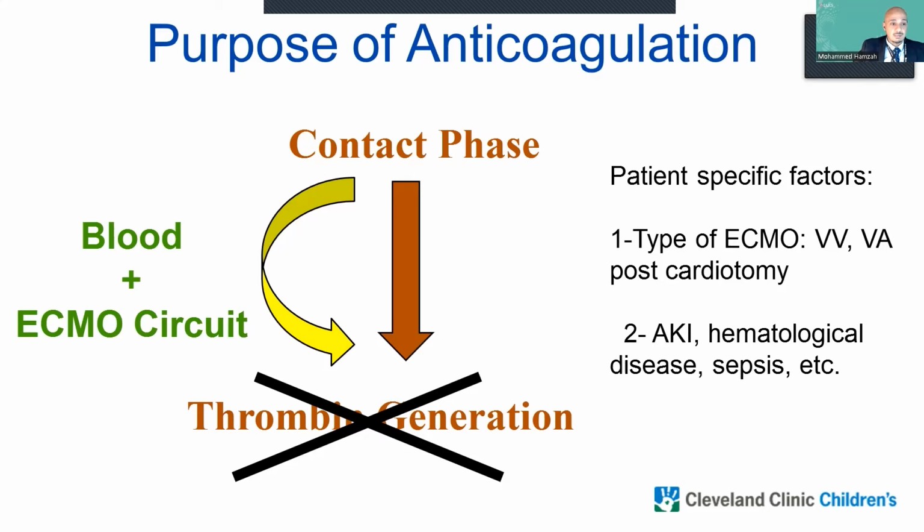As you can see, there are different patient-specific factors that you want to consider before choosing your systemic anticoagulation. This will end the first part of this talk. We went over the introduction to hemostasis and an overview of the general principles of systemic anticoagulation while on ECMO.